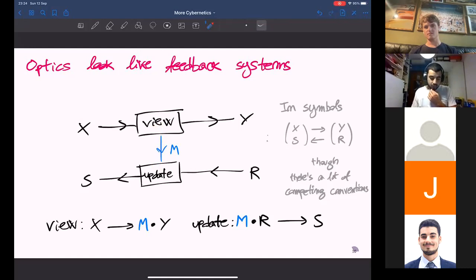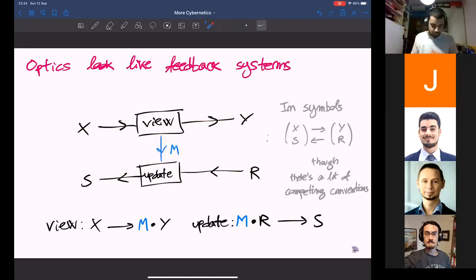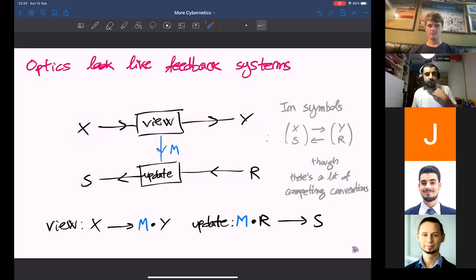So what happens is that I get an X, I produce a Y, and I memorize an intermediate state M, for memory. And then when I receive an R, I can access this M and I get an S. But this blue thing is not in the same world as the black things. This has really no consequence whatsoever in today's talk.